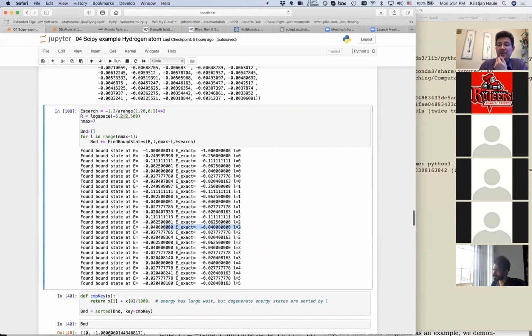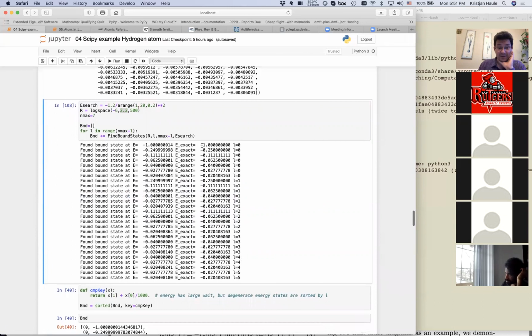These bound states are more than enough for any atom in the universe, because no atom in the universe has L equal to 5. These energies are not relevant. So we have more than enough bound states, and at least for the hydrogen atom, they are precise enough for our purpose.